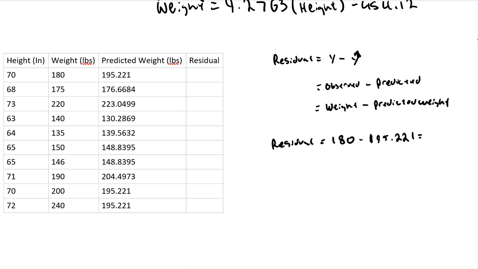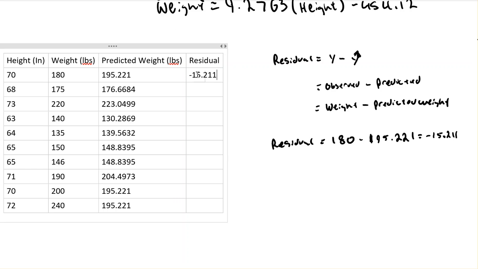And when I get that, I'm left with a value of negative 15.211. So I'm just going to type that in my table here, negative 15.211. But what does that value actually represent?